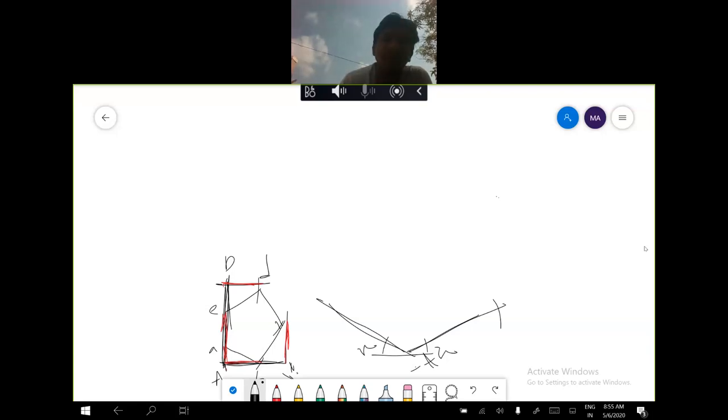Similarly, I will measure AD and cut here. After that, I will measure AD, AB. I will measure AB and cut an arc here, and I will measure this much. I will measure AB and cut an arc here.